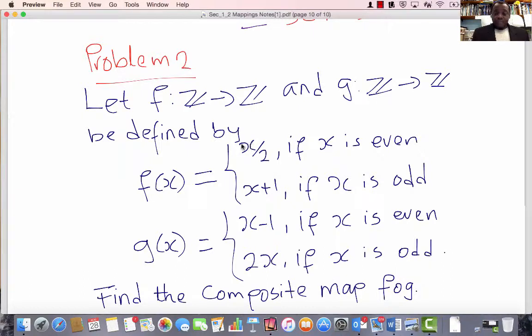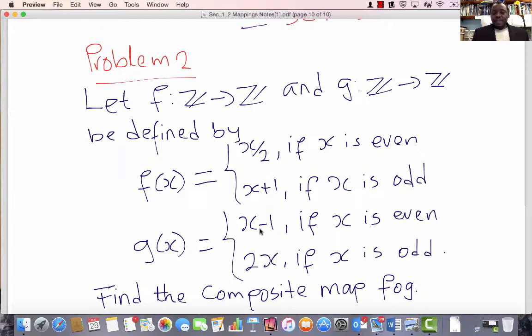Now observe that this is defined properly. If X is an even number, then X would have to be in the form 2K. The 2's will cancel out and leave you with an integer because the domain has to be an integer and the codomain an integer.